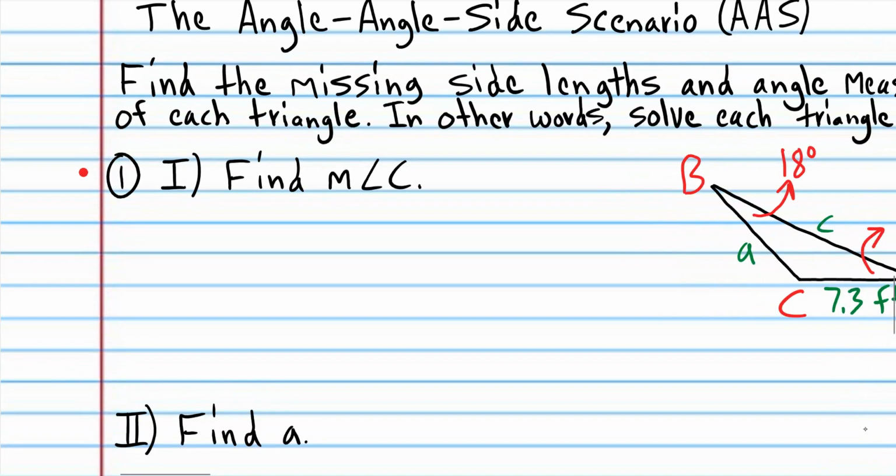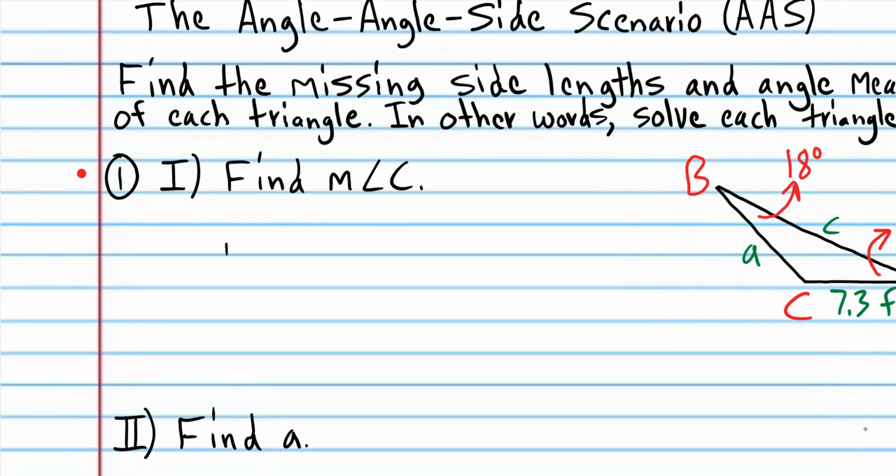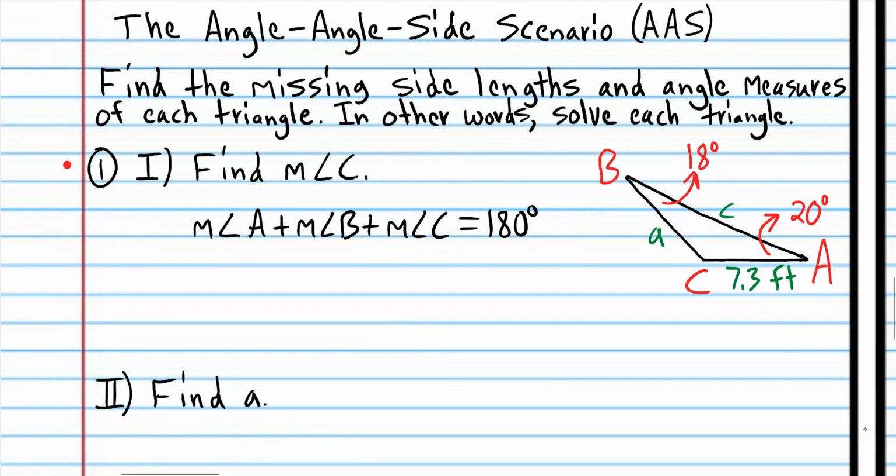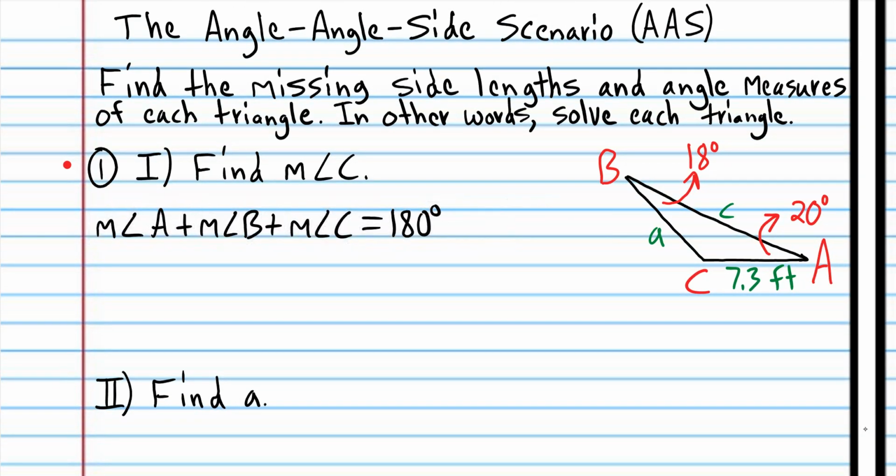Now, remember, when you're writing the measures of angles, you have to write an M and this symbol here, and we're going to use that notation with the triangle sum theorem. All the interior angle measures in a triangle always add up to 180.